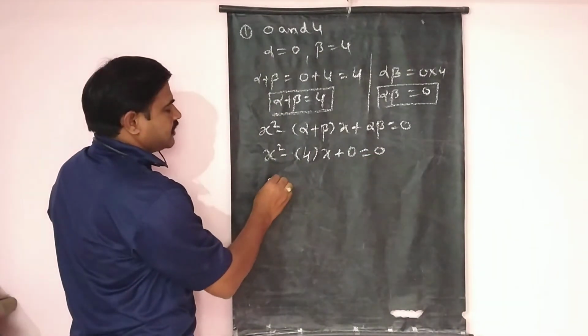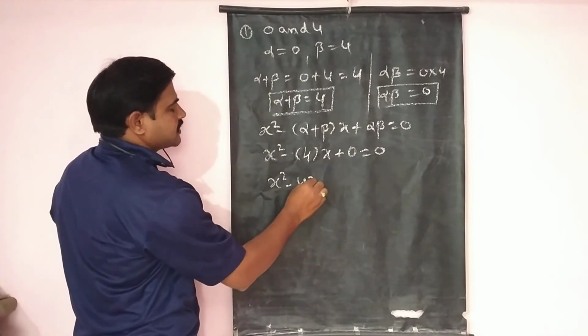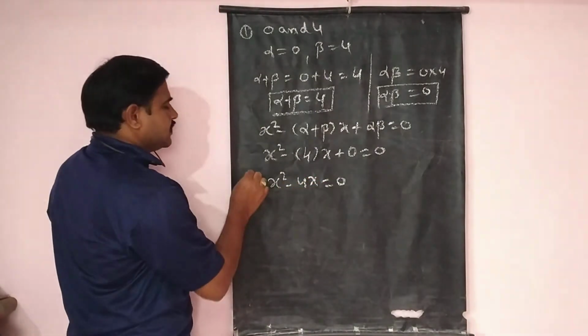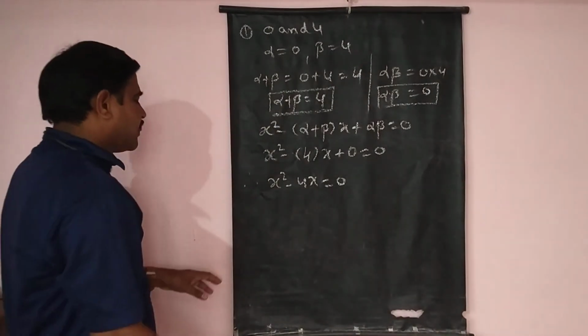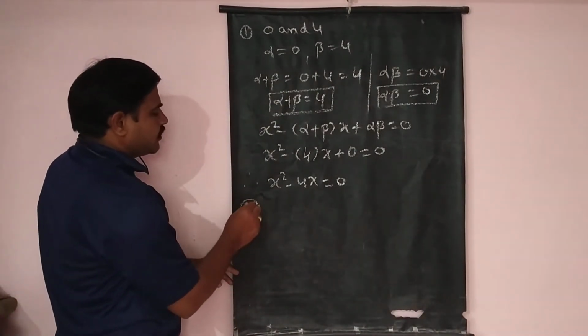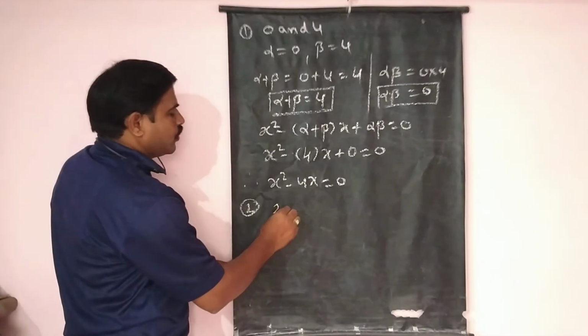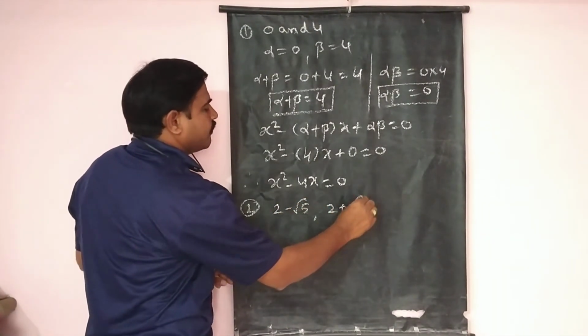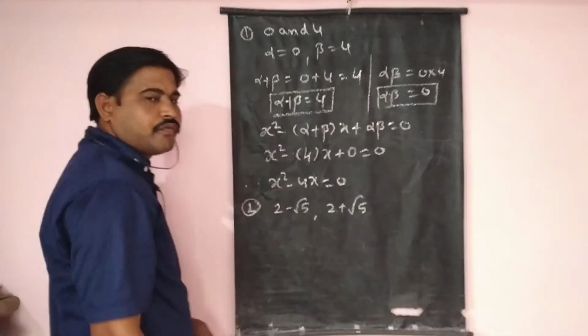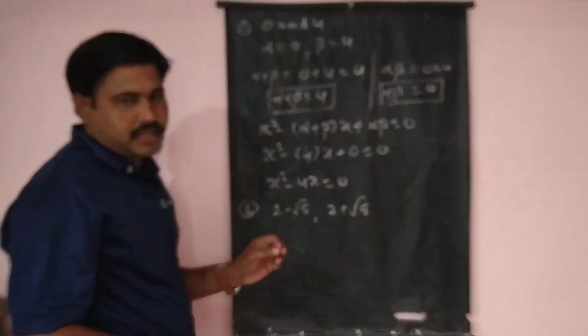So we got x square minus 4x is equal to 0 as the required quadratic equation form. Here is another problem, second: when the roots 2 minus root 5, 2 plus root 5 are given, how to write the form of the quadratic equation?